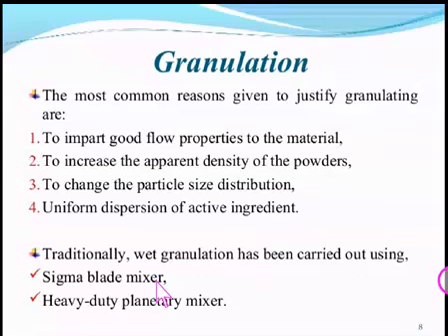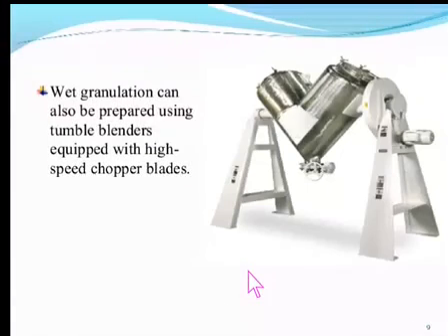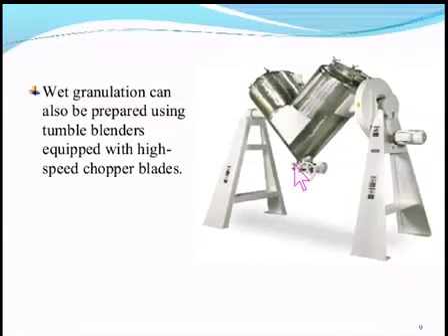Traditionally, wet granulation has been carried out using the Sigma blade mixer and the heavy duty planetary mixer. This is the diagram of a tumble mix blender equipped with high speed chopper blades, which is used for wet granulation.